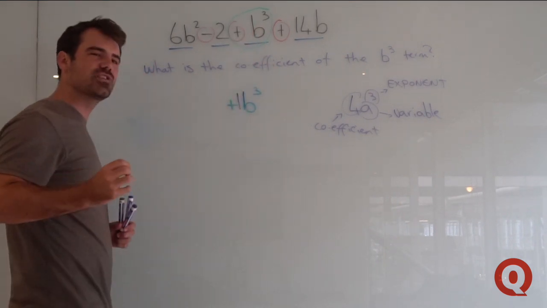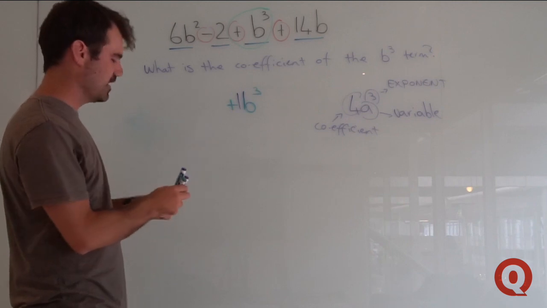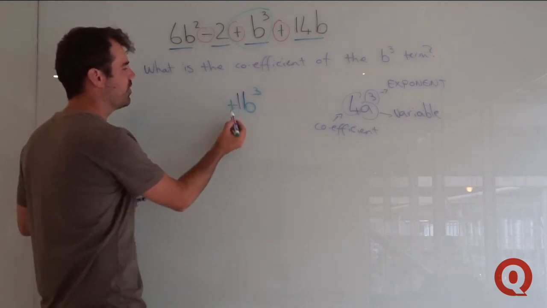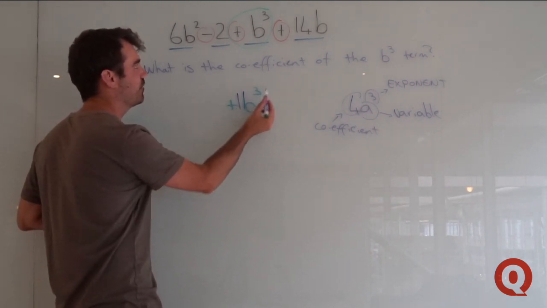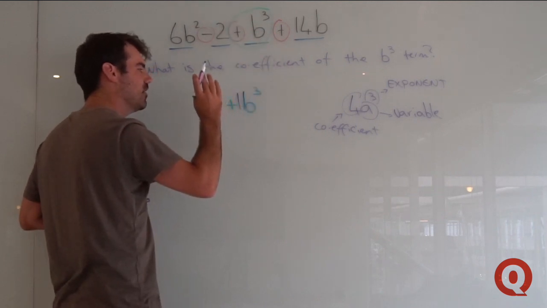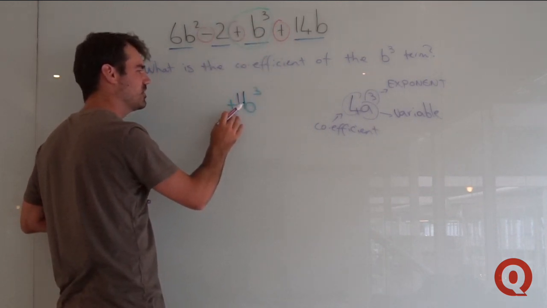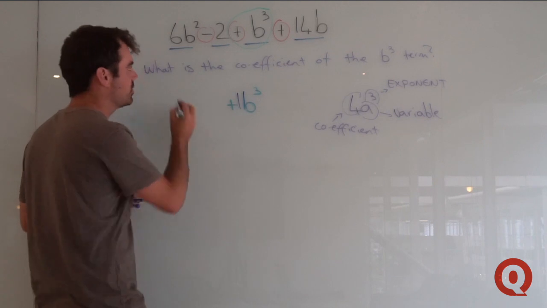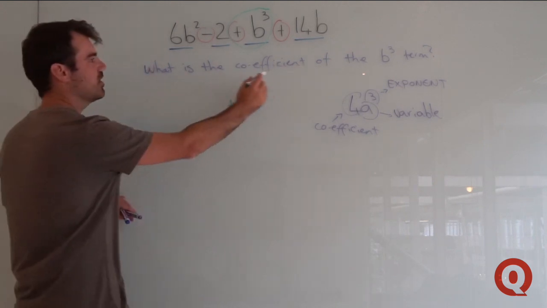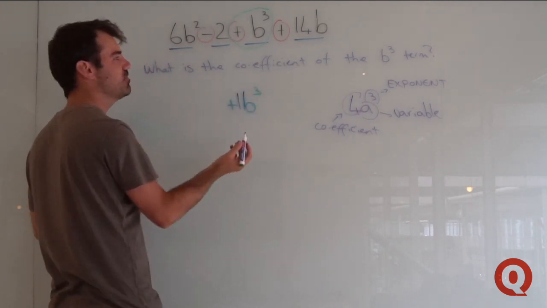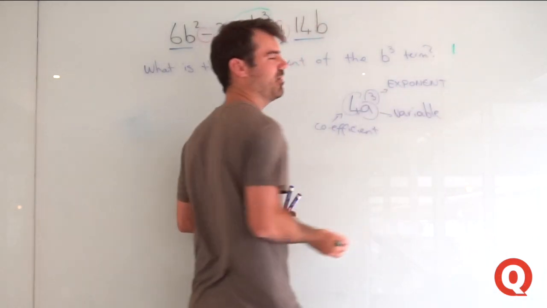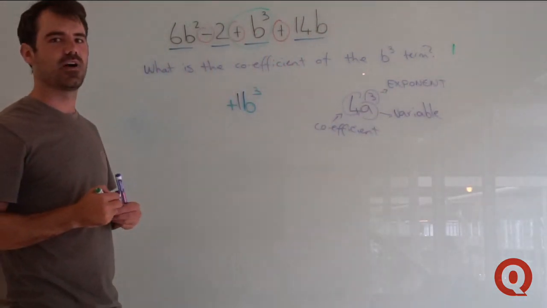But the thing we need to really focus on and understand is that, look how I highlighted the positive sign here, the plus sign in front of this term. Why have I done that? Well, it's very important. If it's a plus 1, my answer to this question, what is the coefficient of the b cubed term, would simply just be 1. Because 1 is positive. 1 is 1. That's fine.